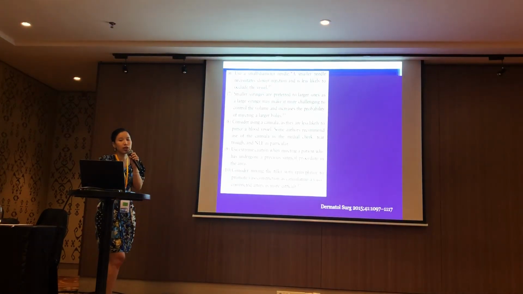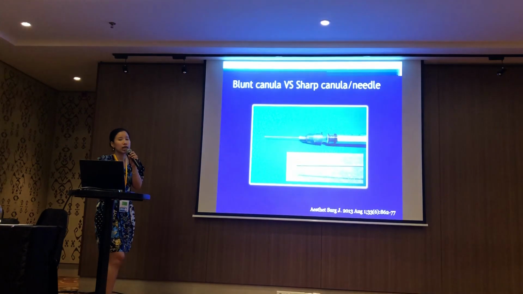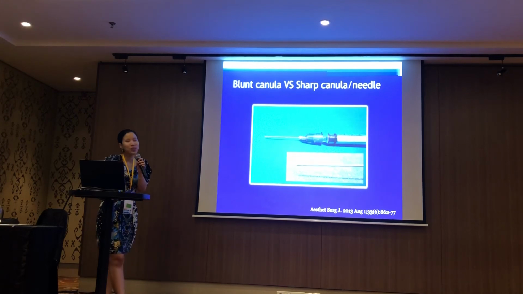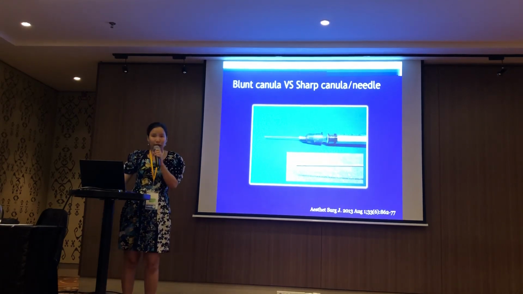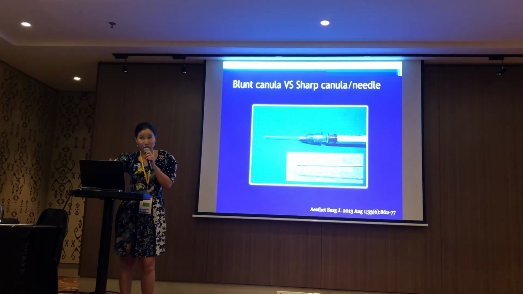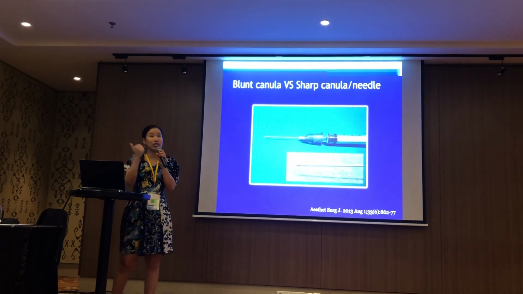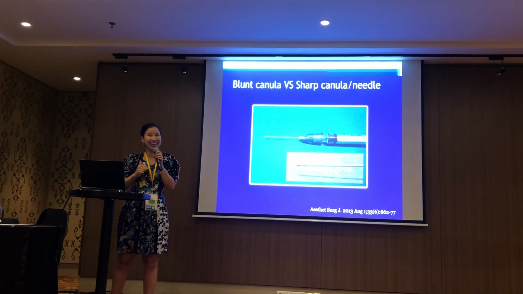So for blindness, prevention is the key. You have many types of injection techniques. The blunt cannula and the sharp one. Generally, blunt is safer, but blunt can also cause blindness if you inject carelessly.